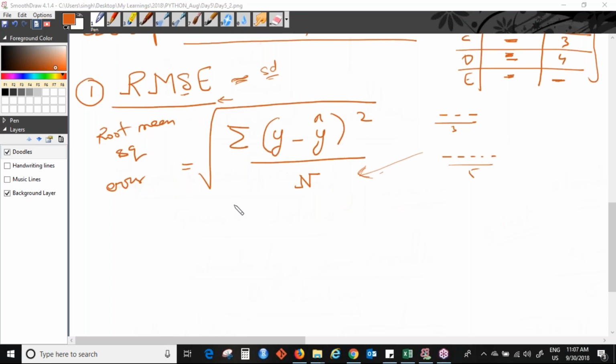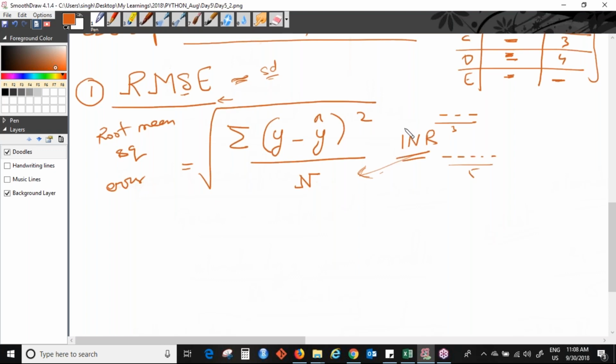And it has one more advantage. Look at the units now. Since we have taken the square root, the units will also be interpretable. If you are predicting the price of a house, the units will be in rupees, so there is no confusion. You can easily say that I have built a model which predicts the price of a house and the error is, let's say, 10,000 rupees.